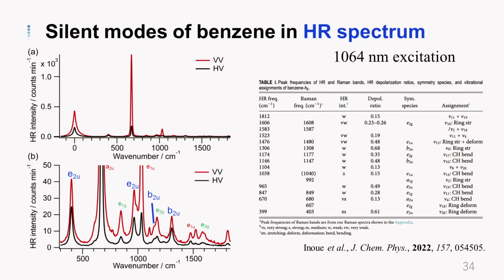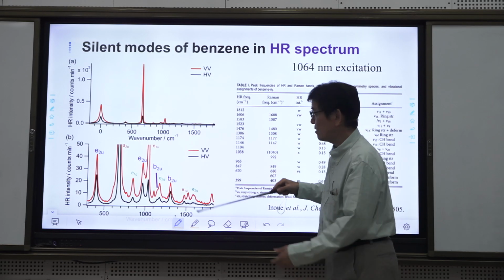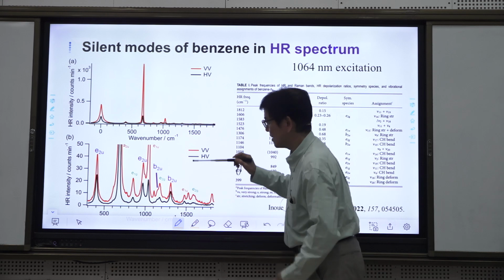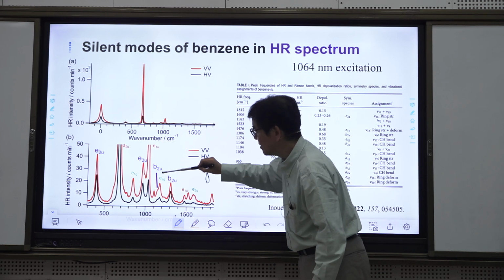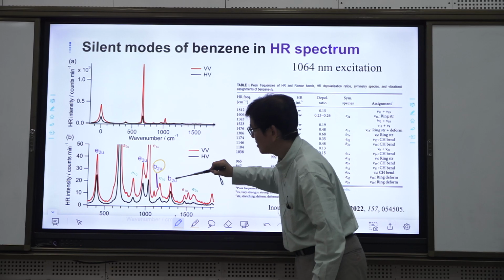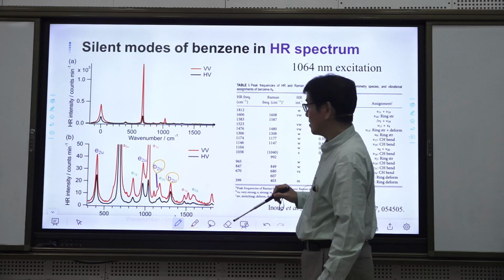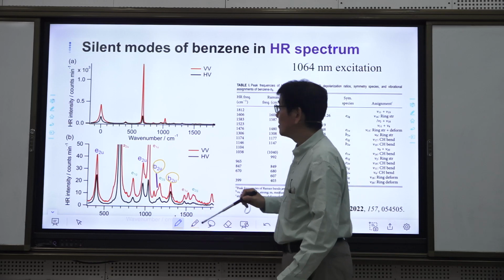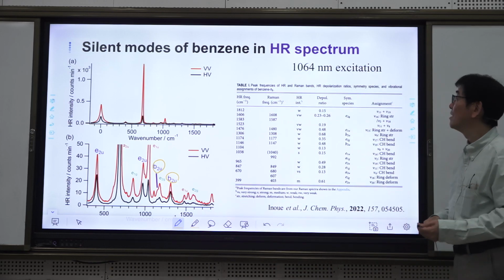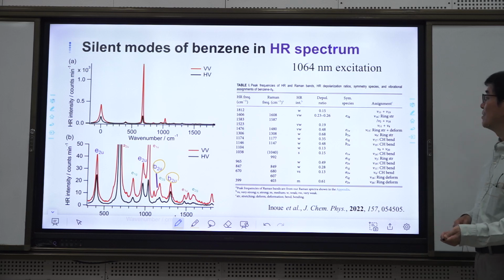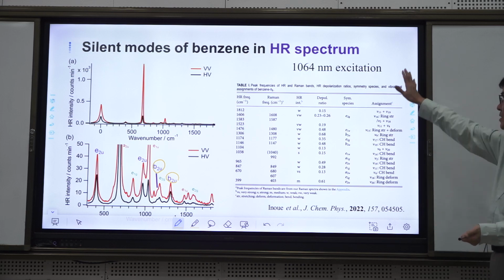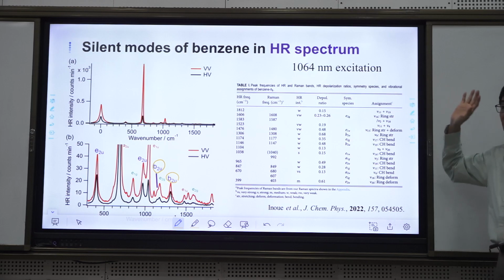With a 1064 nanometer excitation, they measured the hyper-Raman spectrum of benzene, and actually they clearly detected the silent modes. So this is unique information obtained only from hyper-Raman spectroscopy.